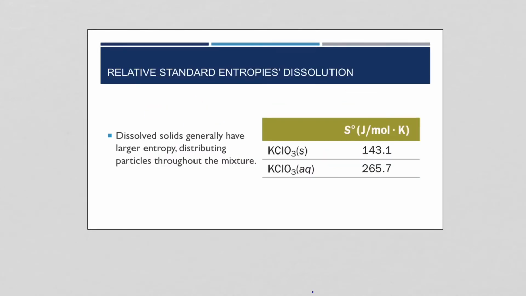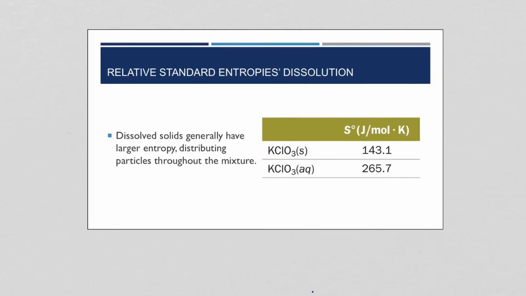Now, the last thing I want to look at here is making a solution. One thing we can always keep in mind is that the dissolved form, or solution form, will always have higher entropy than the solid form.